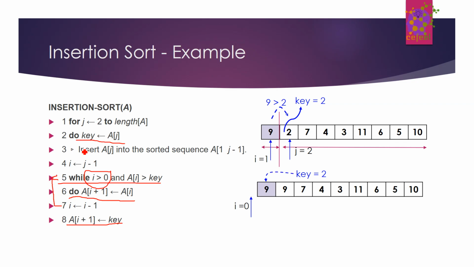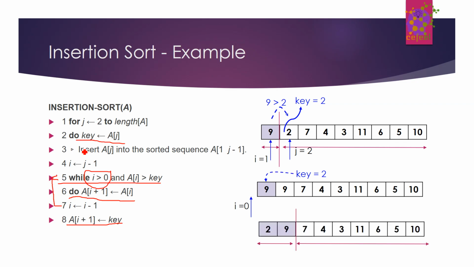So now 2 replaces 9, and we have the array as 2 9 7 4 3 11 6 5 10. We have now completed the innermost loop. We started with 1 item as sorted, now we have 2 items as sorted. So our sorted list now contains 2 items, and our unsorted list contains the rest of the items, which is 7.